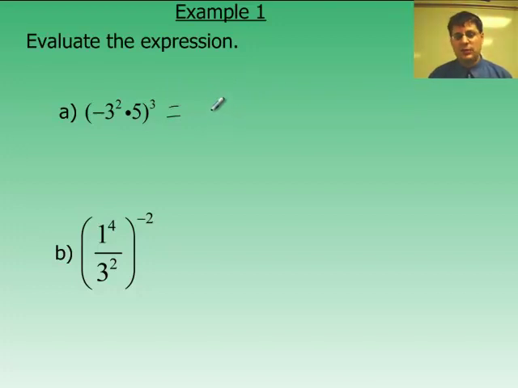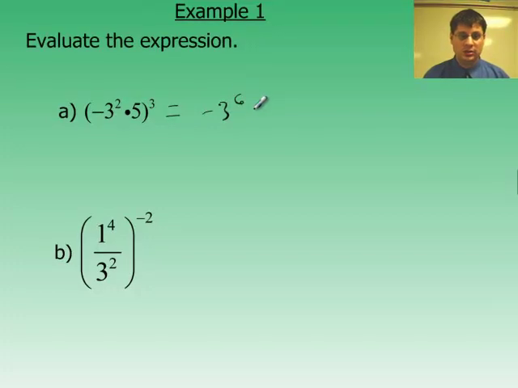So I can use a combination of power of a power and product of powers, and that's going to give me negative 3 to the 6th. It looks like we're multiplying it, and in a sense we are, but it is not the distributive property. And then it's going to be 5 cubed.